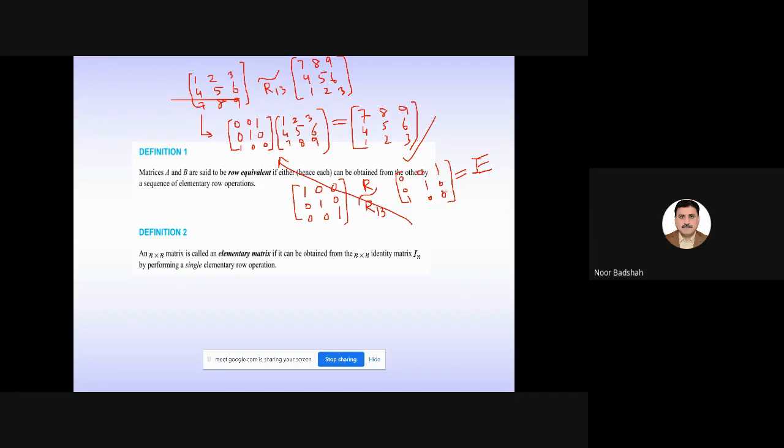That elementary matrix could be obtained by using an interchanging row operation, a multiple of a constant operation, or addition of a multiple of one row to another row operation. So basically, by applying that row operation, we are multiplying the given matrix by the corresponding elementary matrix.